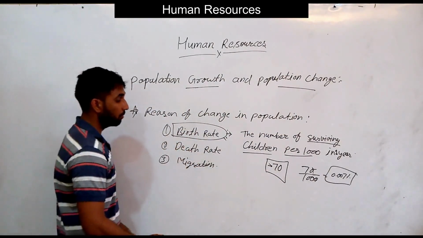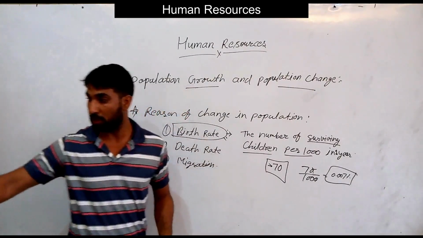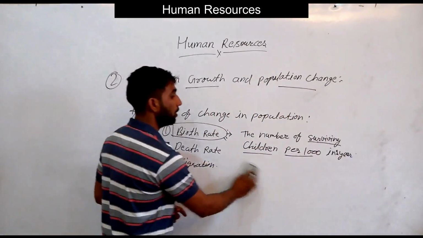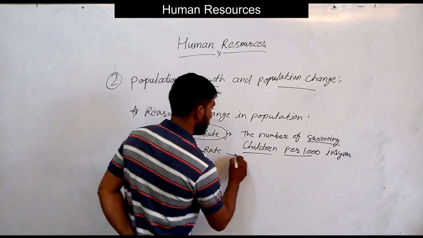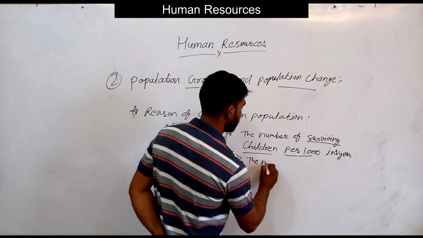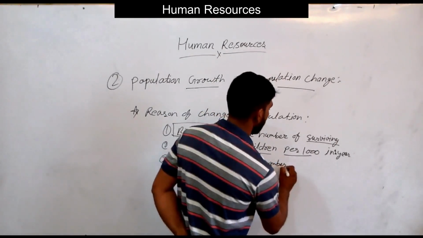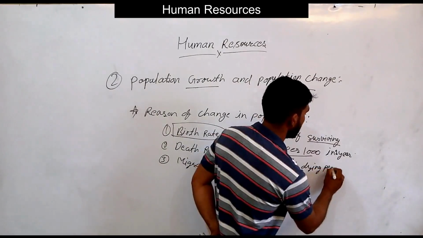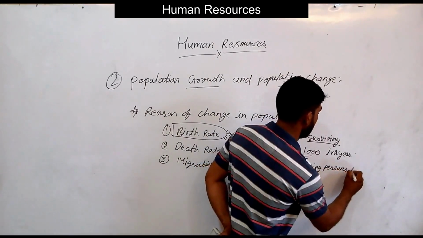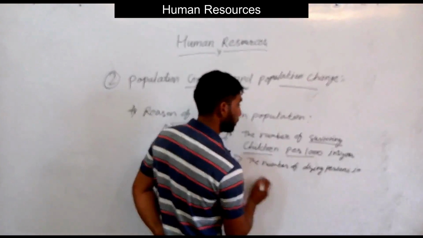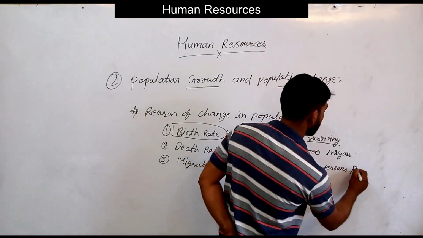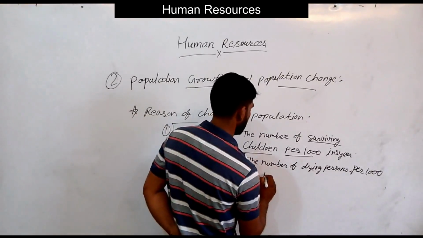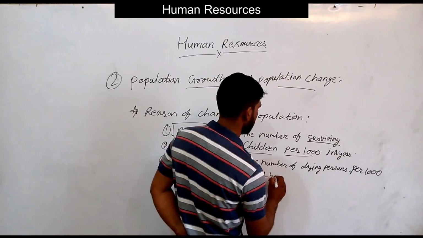Now the death rate is calculated the same way as the birth rate. It is also calculated per thousand. So it is the number of dying persons per thousand in 1 year.